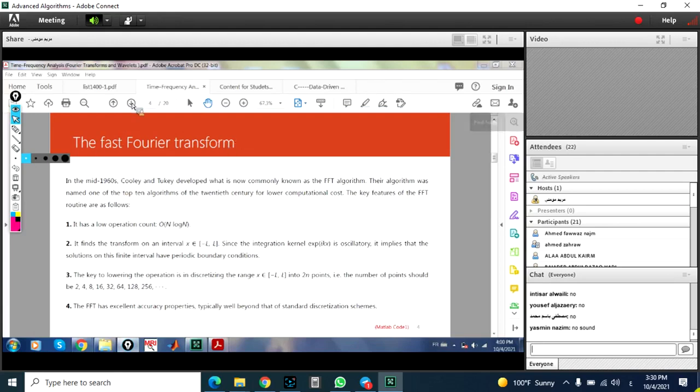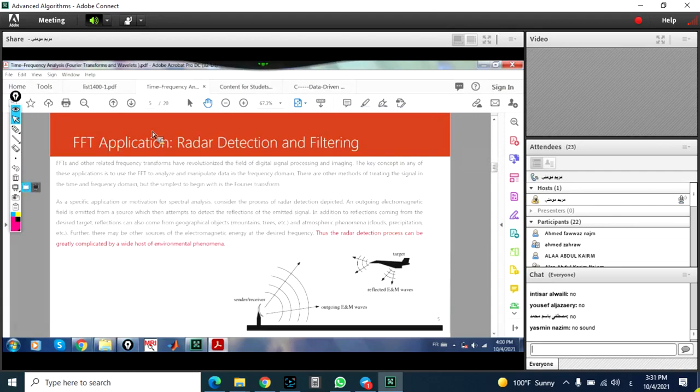This type also has some advantages, which you will see in the next slide. But before that, let's look at one application of the fast Fourier transform.